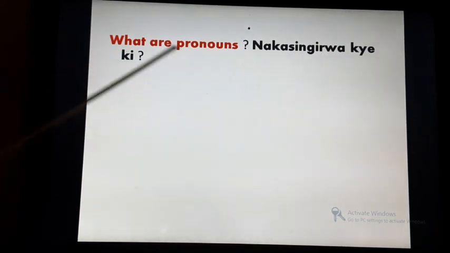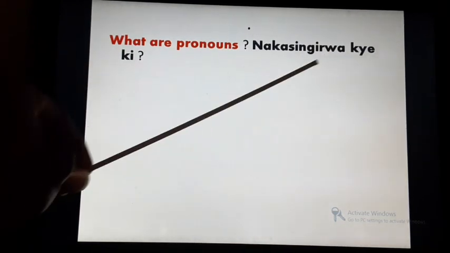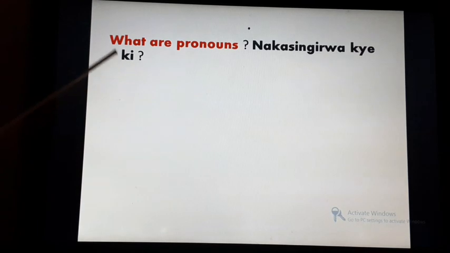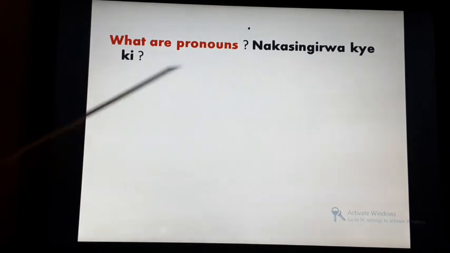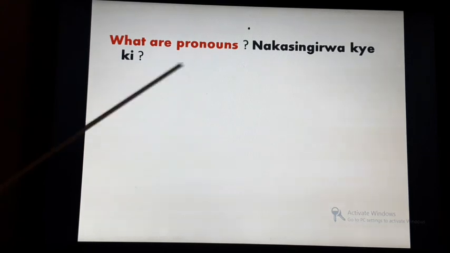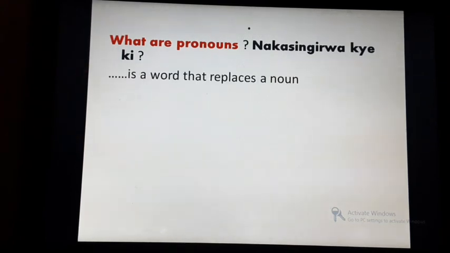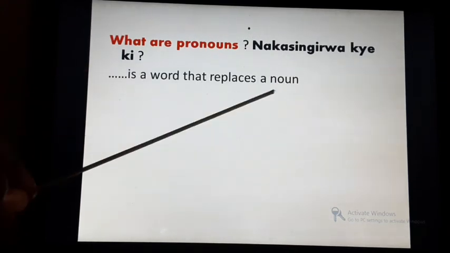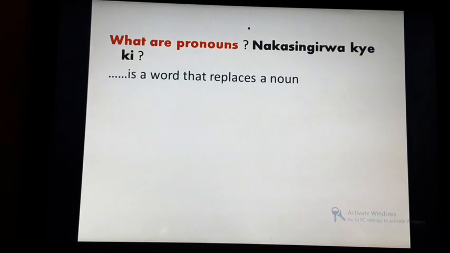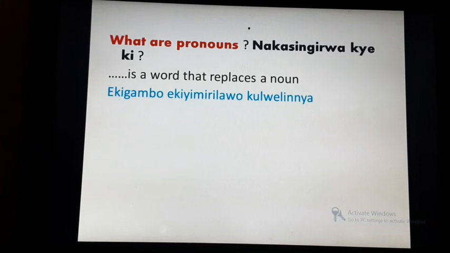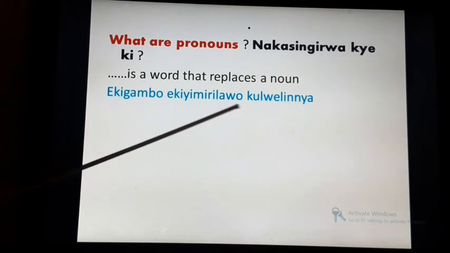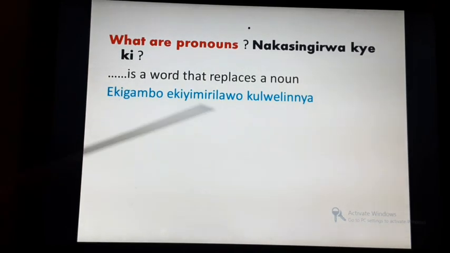So what's your answer? The answer could be: a pronoun is a word that replaces a noun. Ekigambo ekiyimirirawo ku lw'erinnya.